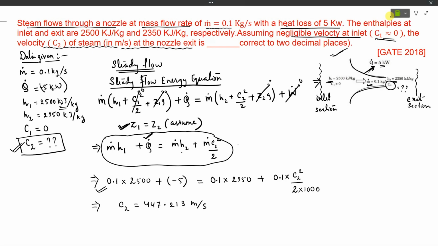As the question mentions correct to 2 decimal places, we consider C2 as 447.21 meter per second. This is the final answer for the given question. Thank you. See you in the next video.